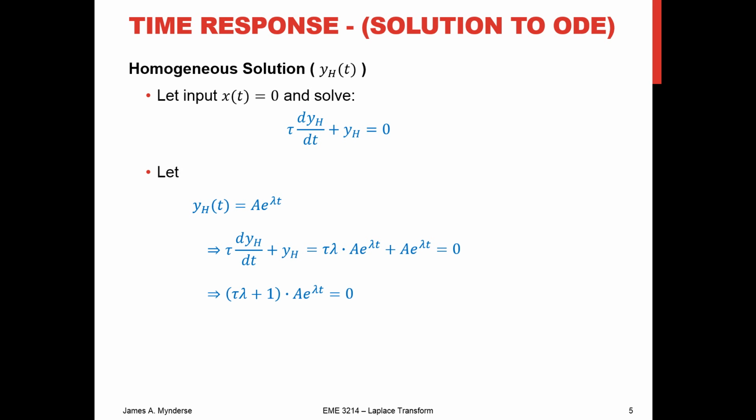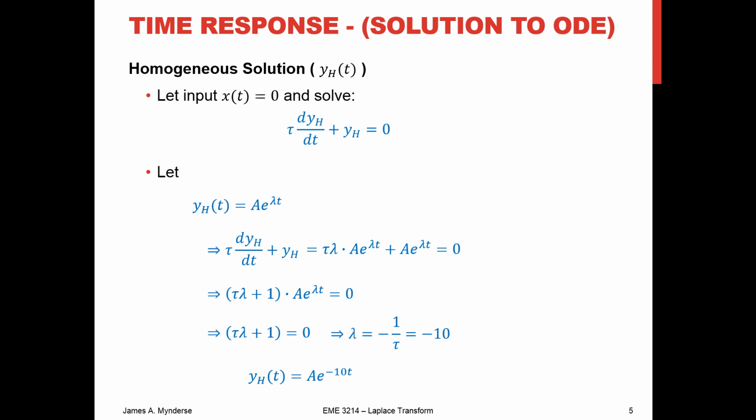So if I pull out the ae to the lambda t, multiplied by tau lambda plus 1, I know that e to the something is not going to cross 0, and so I know that ae to the lambda t can't possibly ever be 0, so the tau lambda plus 1 must be the thing that goes to 0. So there we go, lambda must be negative 1 over tau, and I know my value of tau, so lambda must be negative 10.